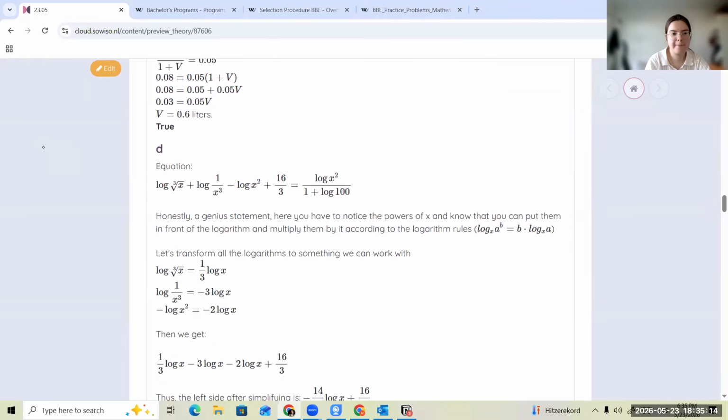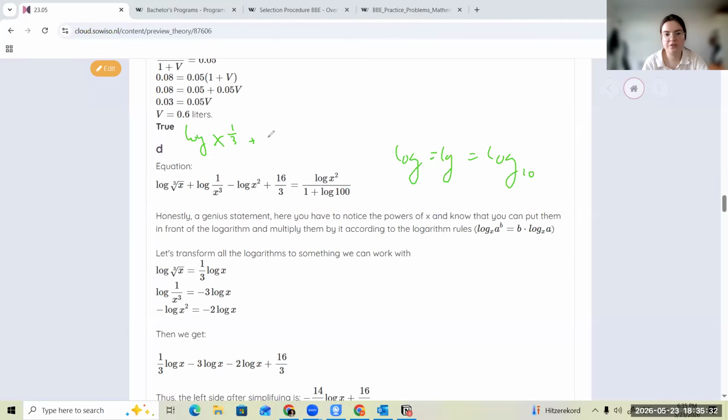So here we notice that this is the same thing as x to the power of 1/3. Log in our case is LG. This is the logarithm with the base of 10.